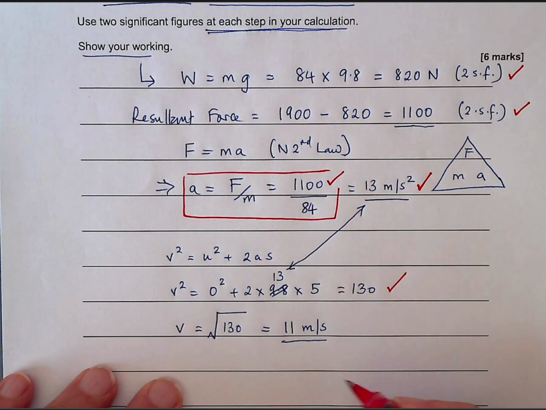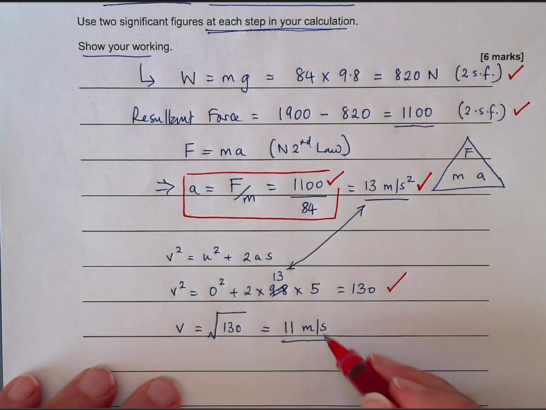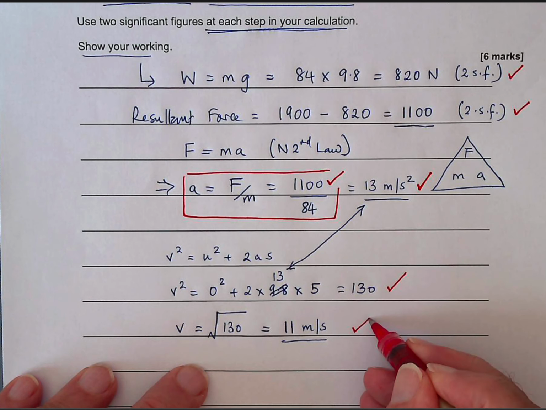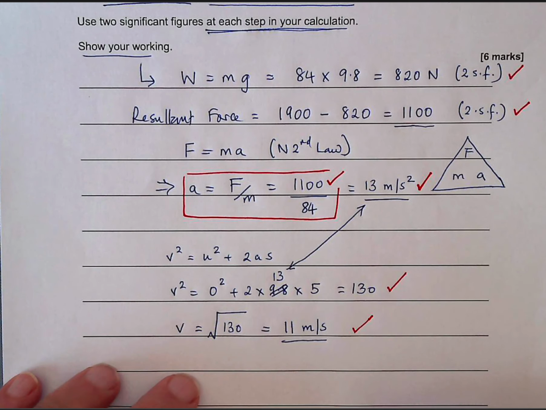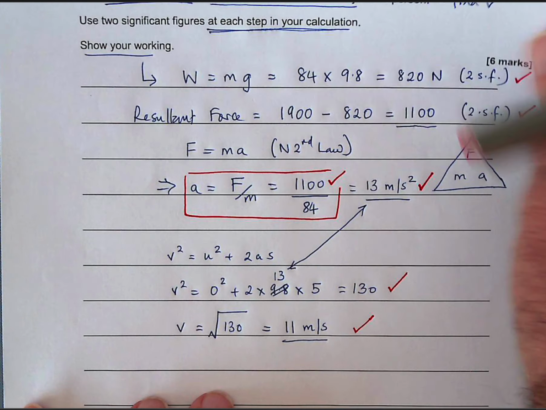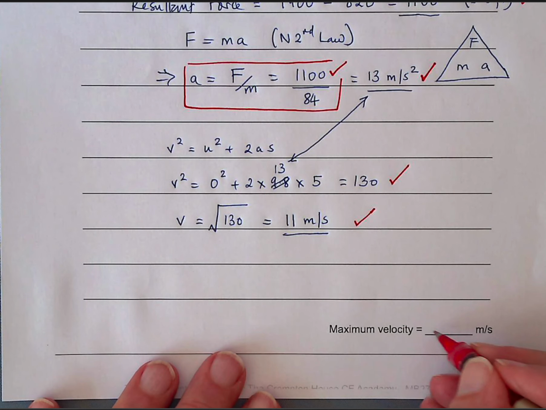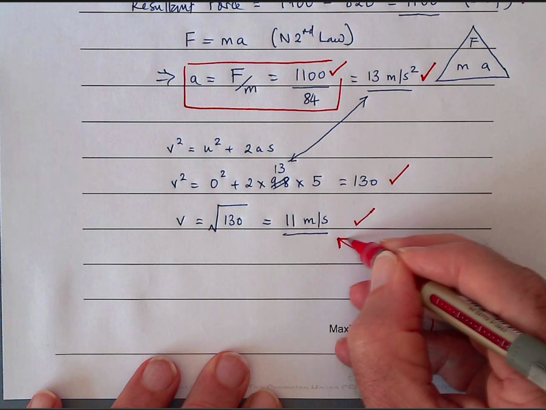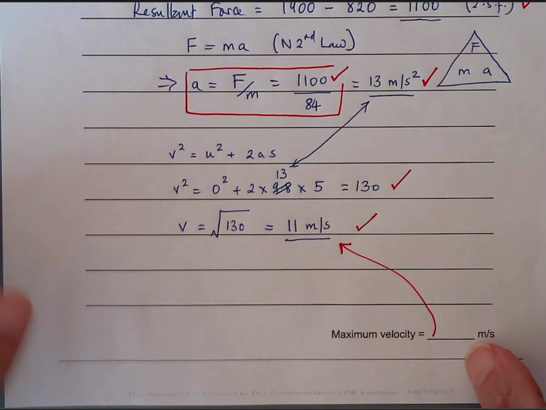So I would have lost a mark there if I hadn't noticed I was using the wrong one. So the acceleration is upwards, and the answer is that it would reach a speed of 11 meters per second. You're meant to put the answer in the space provided at the bottom. So I'm just going to put an arrow there to show where I got my 6 marks.